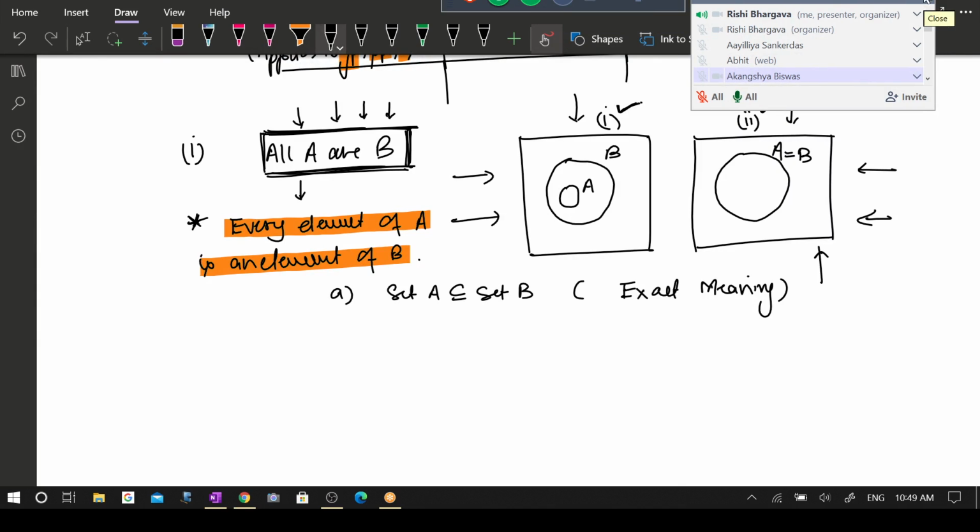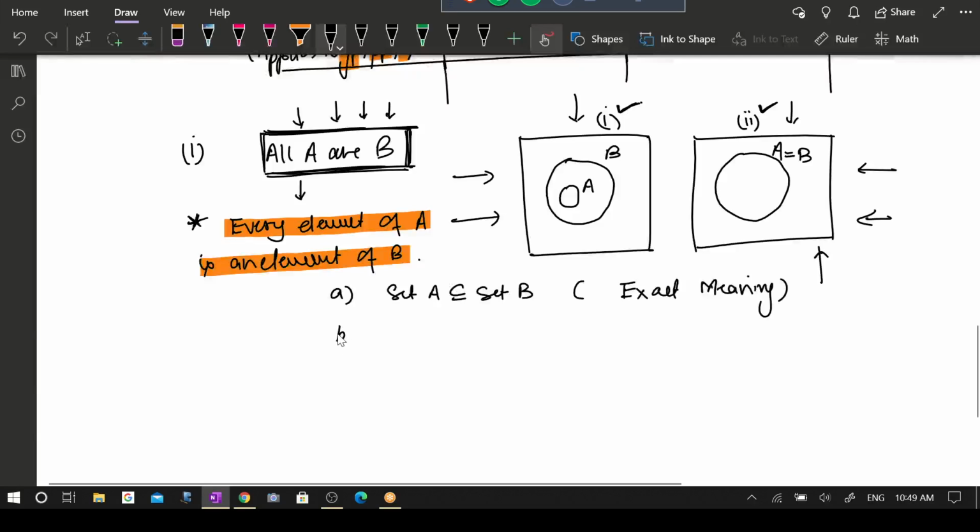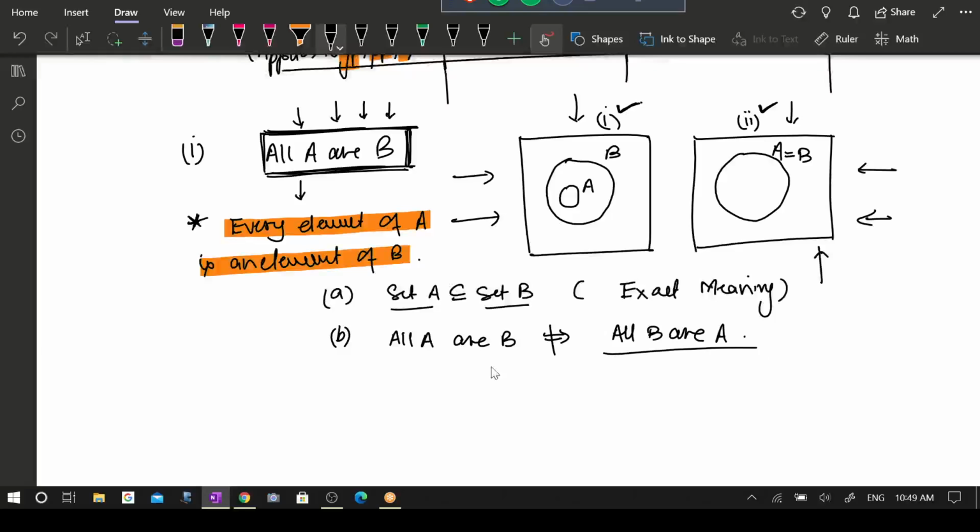Then point B. Point A: set A is a subset of set B. Clear? All A are B does not apply to all B are A. We are not sure about it. All A are B would give either picture 1 or picture 2.